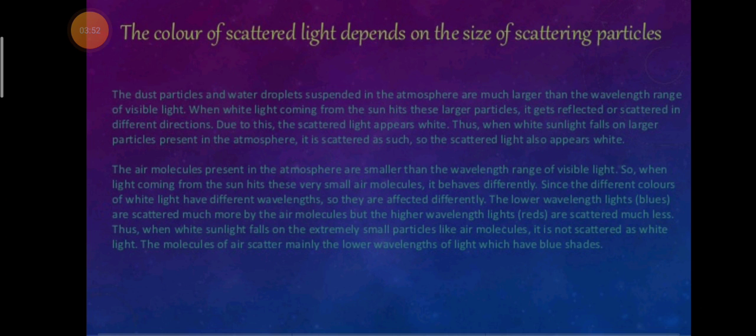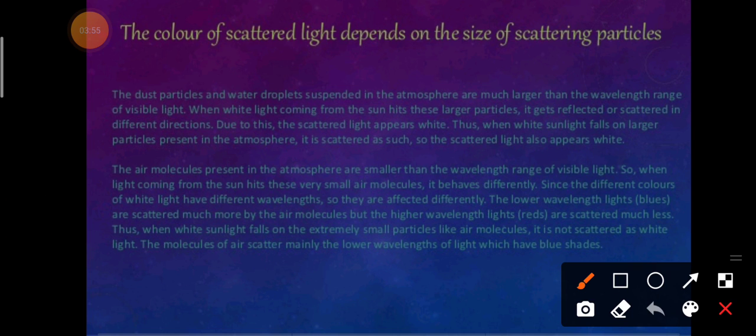At that condition, what will happen? If the size of the particle or molecule is greater than the wavelength of light, in that case that particle will scatter all kinds of light: all colors, blue, indigo, violet, red, everything. So then what will happen?